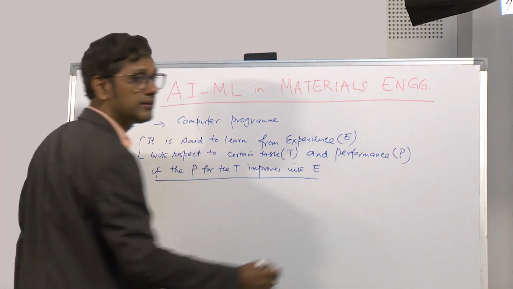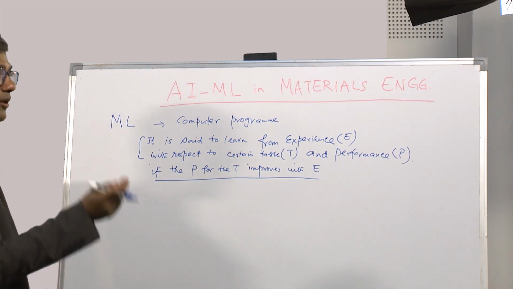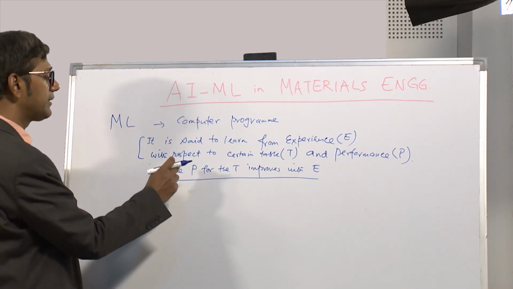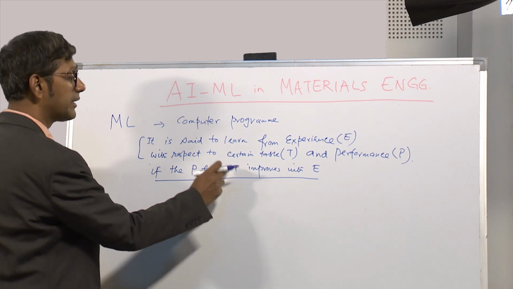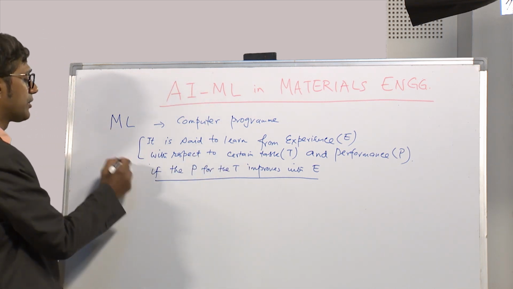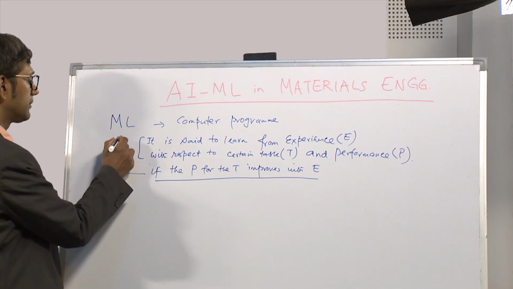This is what is given to the computer program, and then what does it do? If the performance for the certain task improves with experience, then only it is called machine learning.